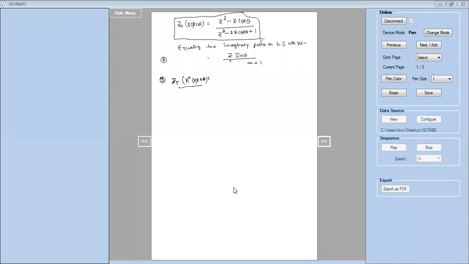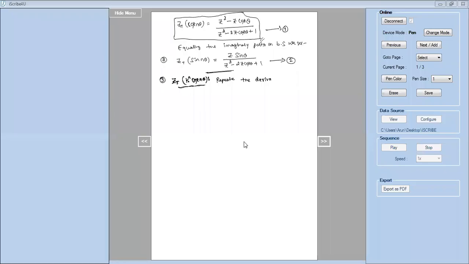So for this, what we should do is repeat the derivation of the Z transform of cos n theta till equation 1.